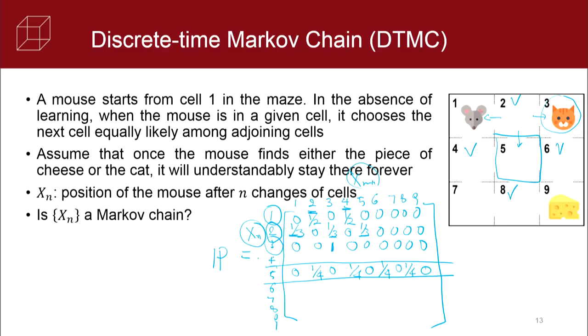You can do this for this row, this row, and the other rows by yourself. So I think we can successfully construct this one-step transition matrix. That means I would say that this stochastic process, which is the sequence of the position of the mouse after n transitions, is indeed a Markov chain with this one-step transition probability matrix.